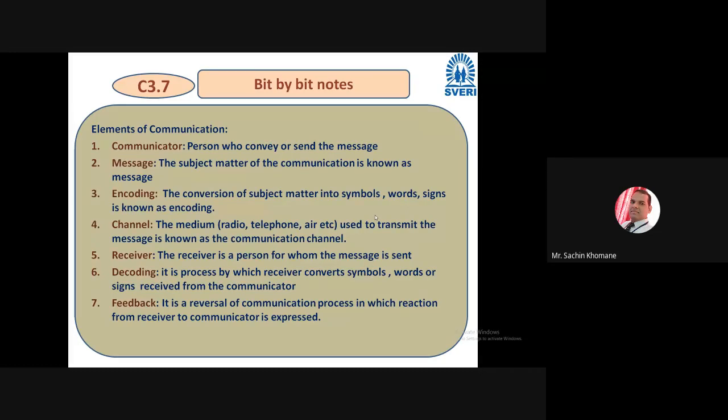What is decoding? Decoding is the process by which the receiver converts symbols, words, or signs received from the communicator. Right? So you will understand. Suppose as a mechanical engineer, let us consider some hatching is there. You understand hatching, mechanical engineer. You should understand from that hatching what that designer wants to communicate to you.